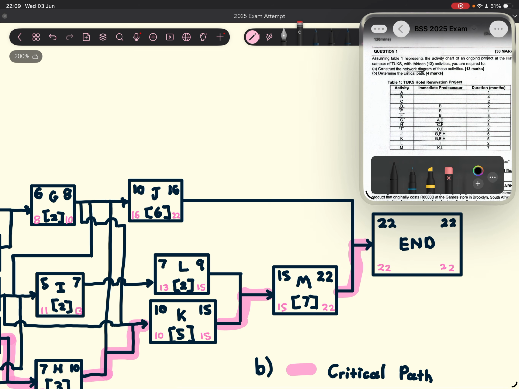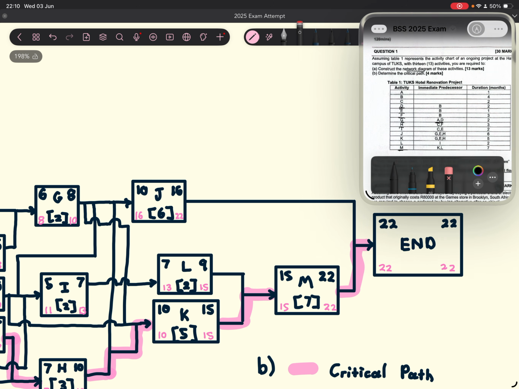and then you're going to get to a point where you have activity M with no connection. So after activity M, there's no activity that requires it as a predecessor, right? And the same for activity J. So you can see over here, there's no activity that requires activity J as a predecessor or activity M. So we need to connect these two activities to an end block, right?